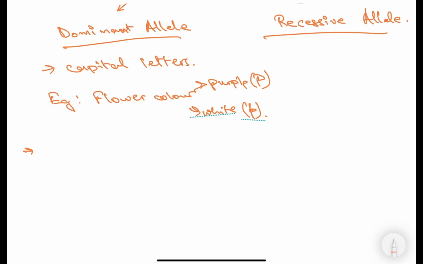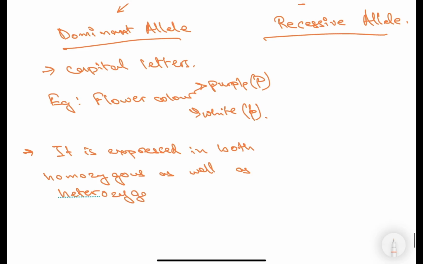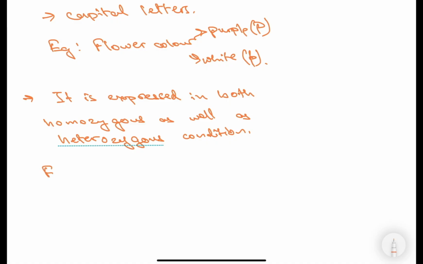The major thing we should keep in mind is that the dominant allele is expressed in both homozygous as well as heterozygous condition. For example, suppose both P and P alleles are present, so the plant will show purple flowers.